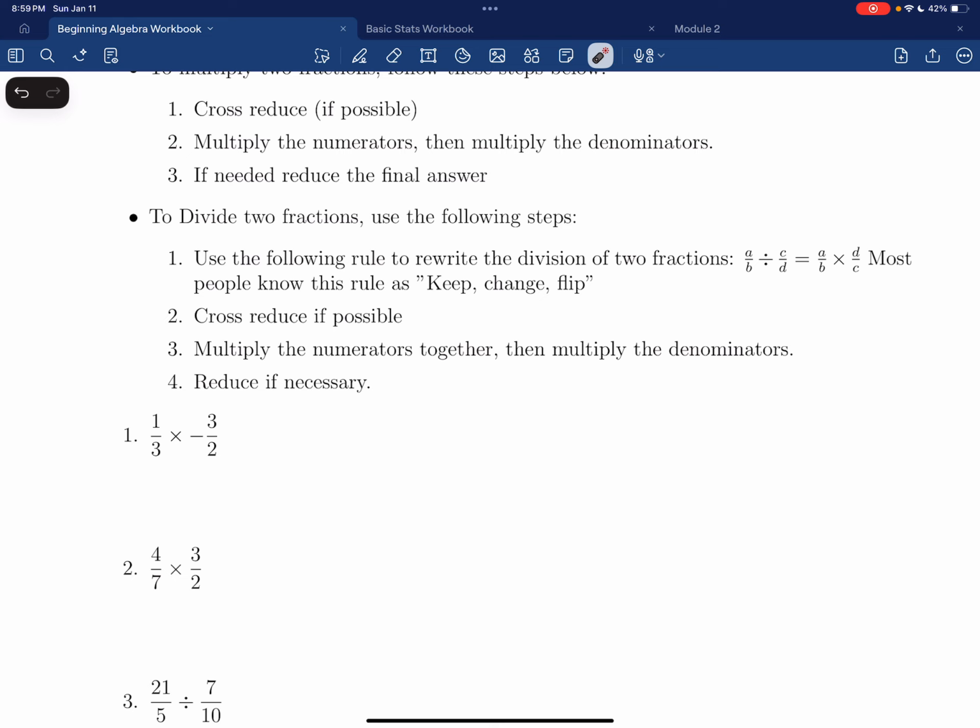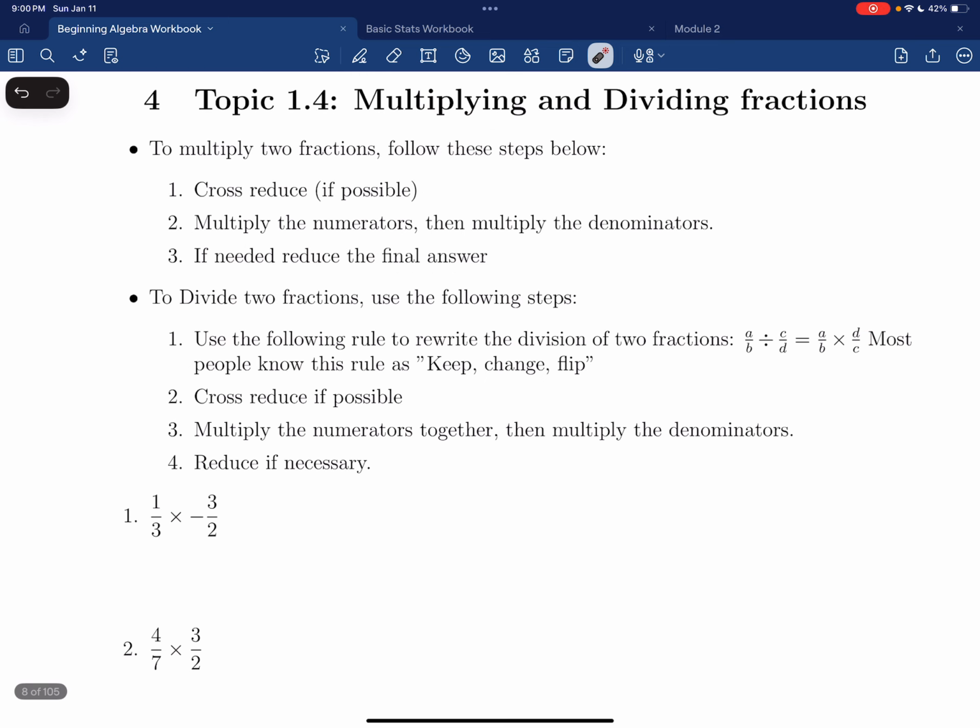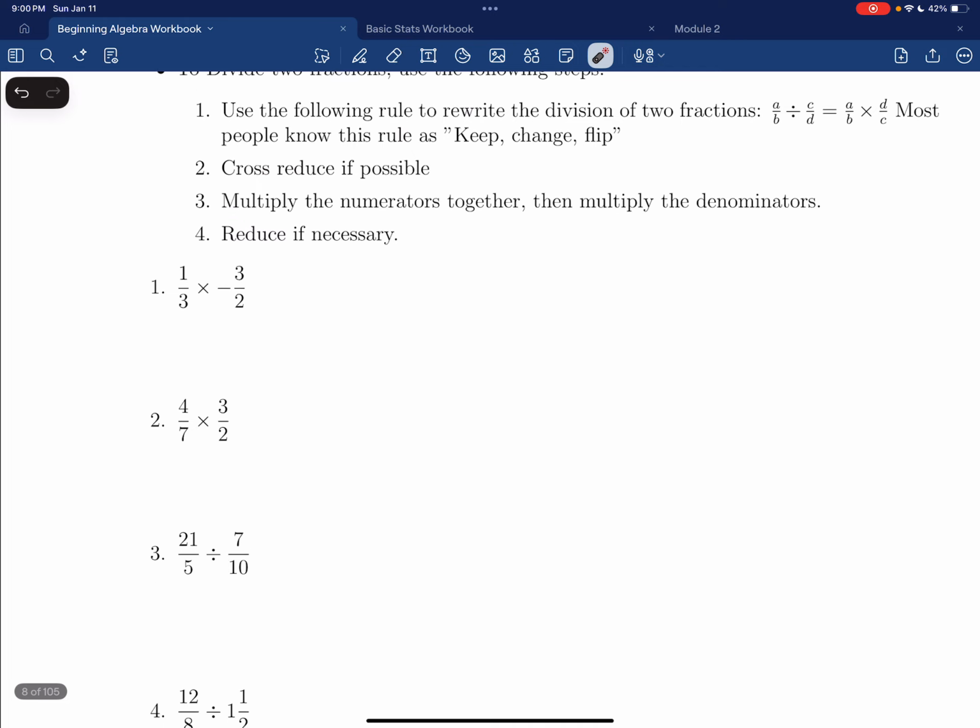And then, once you do this, the same rules of multiplying fractions apply. So you're going to cross-reduce if possible. Then you're just going to simply multiply the numerators and the denominators together, just like as we've seen up here, and reduce your final answer if possible.